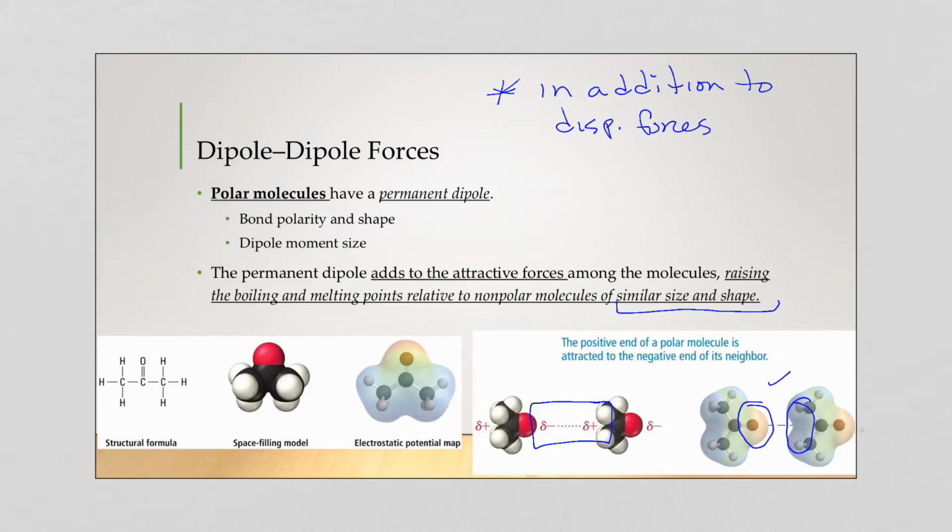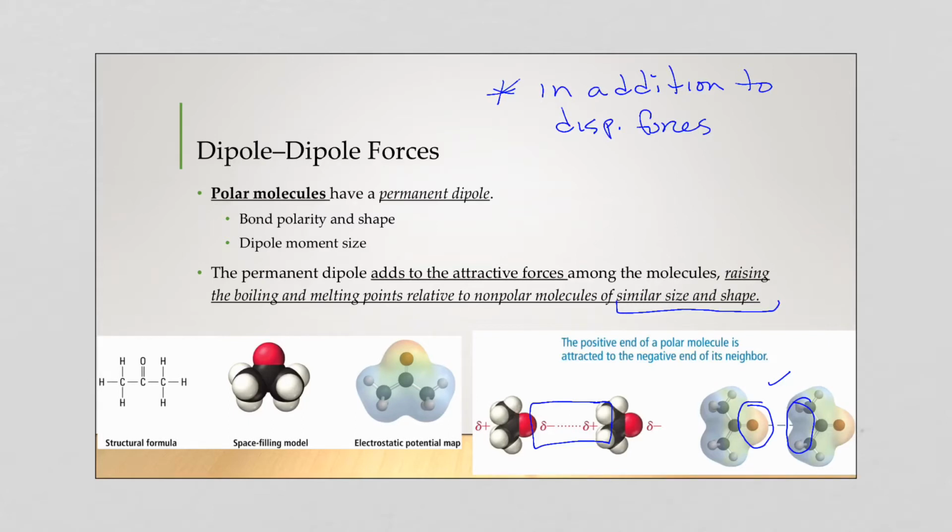So we want to compare molecules of similar molar mass and reasonably similar shape. We don't have to worry so much about the shape because that's a lot harder to look at. But definitely similar molar mass, so that we standardize the dispersion forces. So all we're looking at then is the additional intermolecular forces.